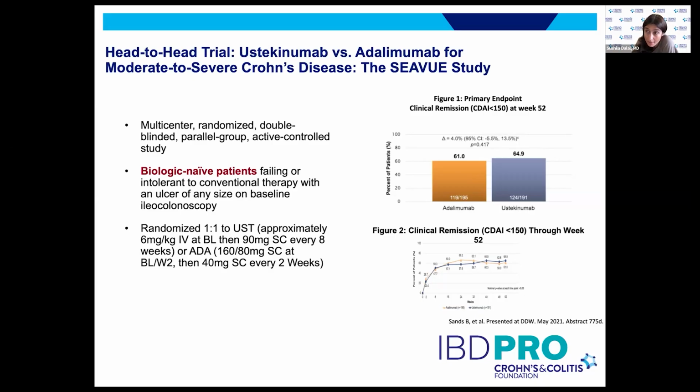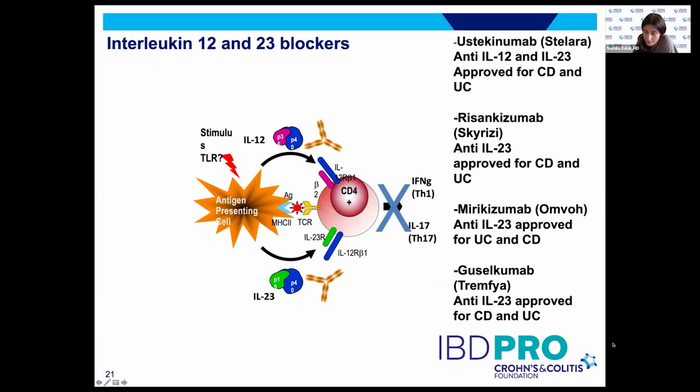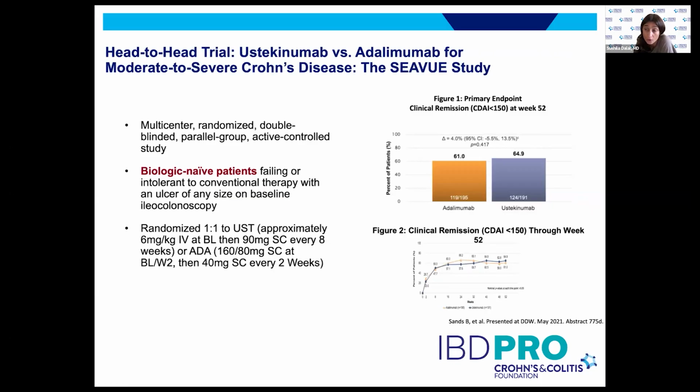For others, ustekinumab is going to be the right medication. And I think we have to take into account these other patient factors in order to try to get at who's who for these medications, but there's not one clear winner. Some of the things that we take into account when we try to make the decision are those extraintestinal things like joint pains or psoriasis, but there's not one answer for everyone when you're trying to choose between these two.